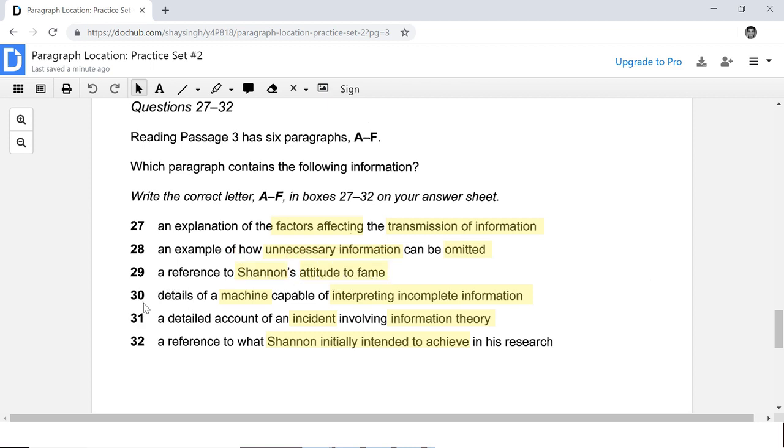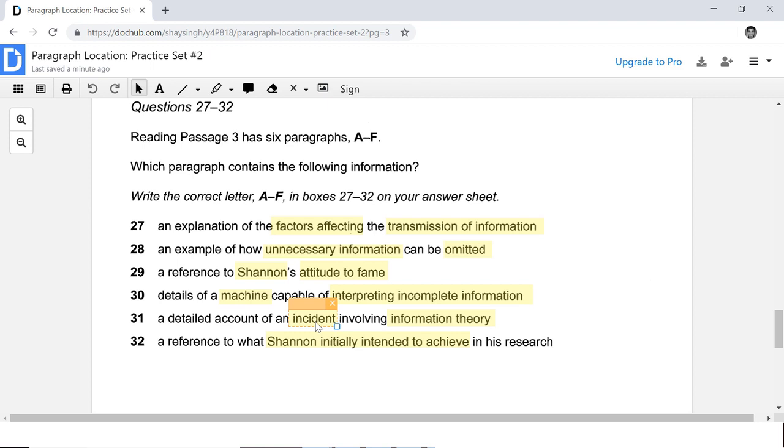For question number 30, we are looking for the details of a machine that is capable of interpreting incomplete information. So machine is a keyword, and interpreting incomplete information. For question number 31, we are looking for a detailed account of an incident involving information theory. An incident is something that is unexpected, that you don't expect to happen, and usually it's something bad, something negative.